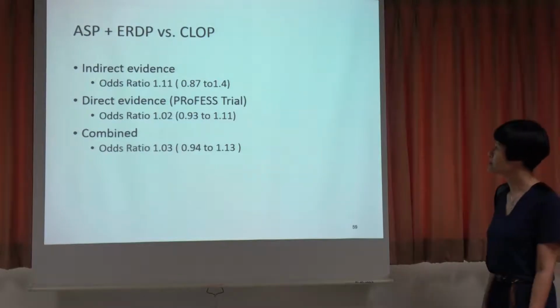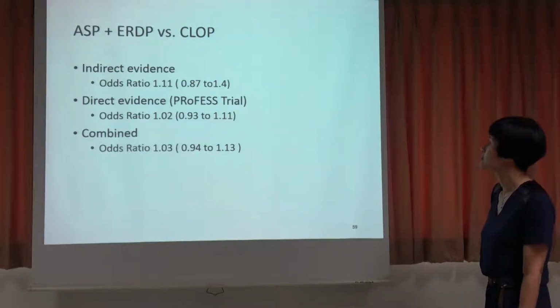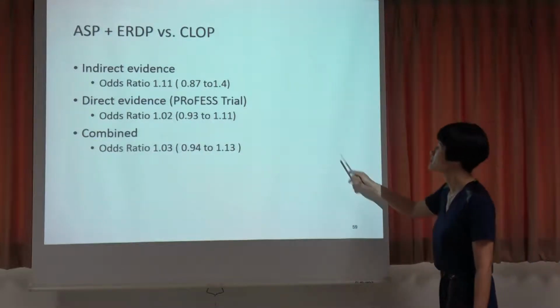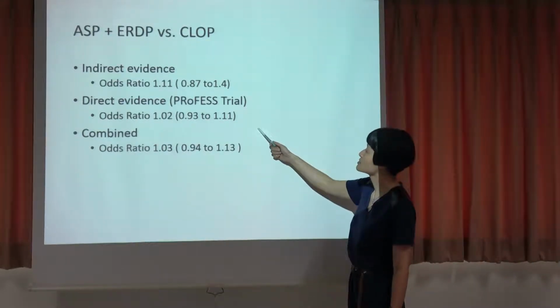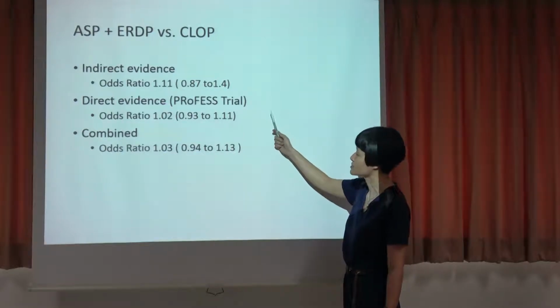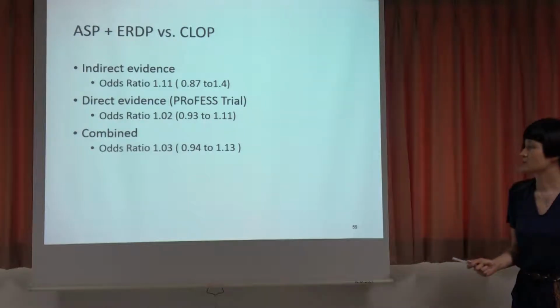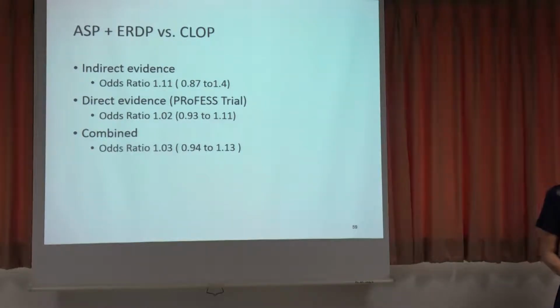This is telling us that indirect evidence is not statistically significant. Direct evidence of the PRoFESS trial is not statistically significant. And when you combine it all together, it's also statistically not significant. That's partly because it masks the dosing effect, the different dosages.